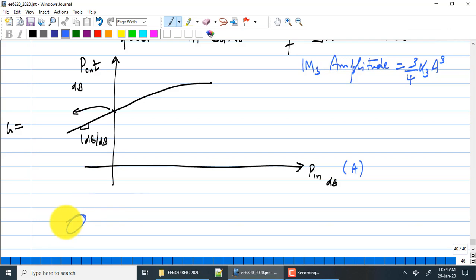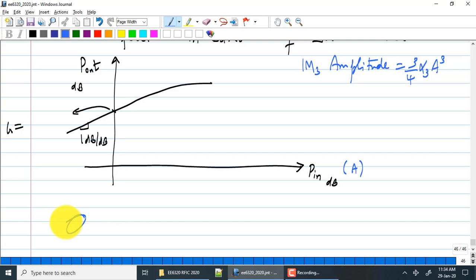Okay. Next question. I am plotting on an axis which is dB for dB. Now, if I increase A, let's say I make A 10 times what it was before. So, in other words, I am increasing the input power by 20 dB. How much will the output IM3 power increase by?